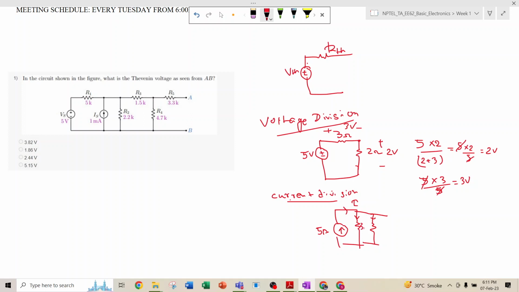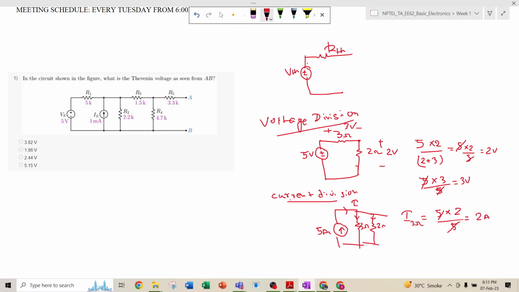So suppose this is 3 ohm and this is 2 ohm. The current across 3 ohm we can find from this current, that is the 5 ampere, 5 into the other resistance, that is 2, divided by the total resistance, that is 5. So it will come as 2 ampere.